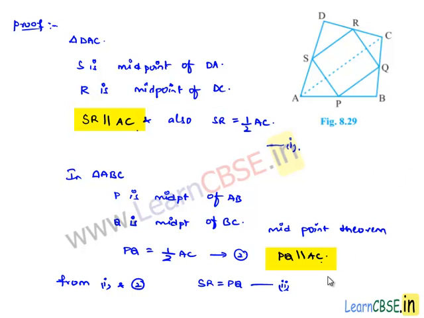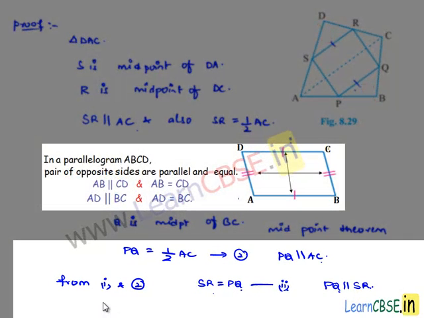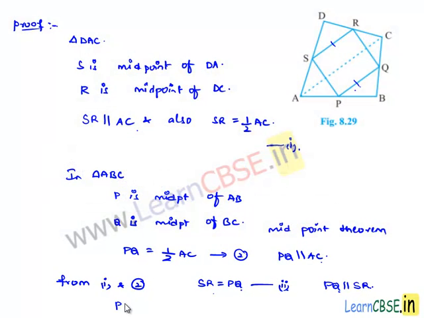So here we can say that PQ is also parallel to SR. Now here SR is equal to PQ and PQ is parallel to SR. Here we can say that in quadrilateral PQRS, opposite sides are parallel and are equal. If in a quadrilateral opposite sides are parallel and equal, then we can say that the quadrilateral is a parallelogram. Therefore, PQRS is a parallelogram.